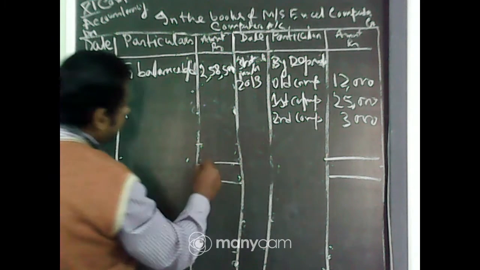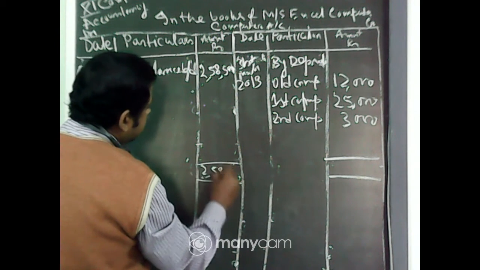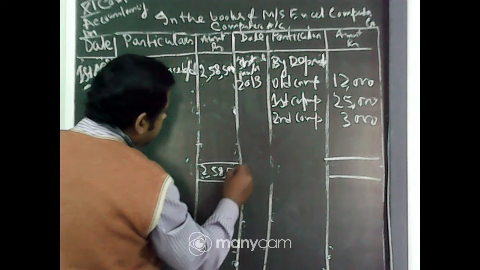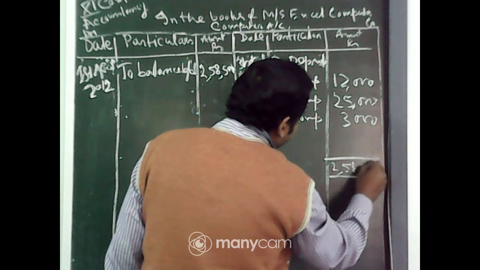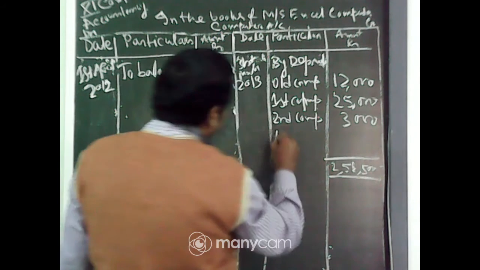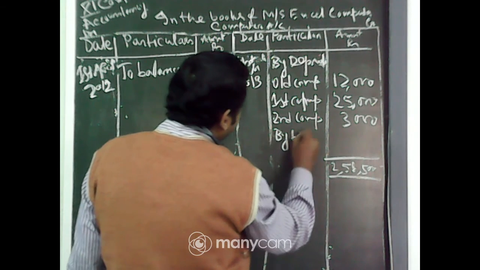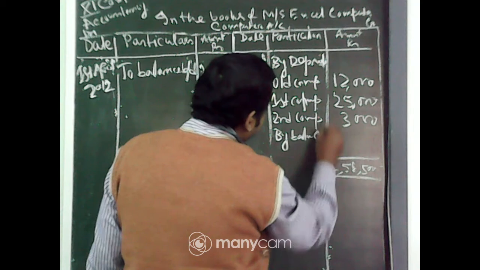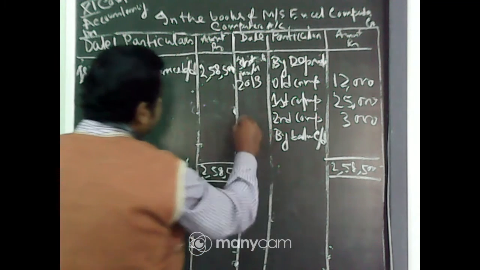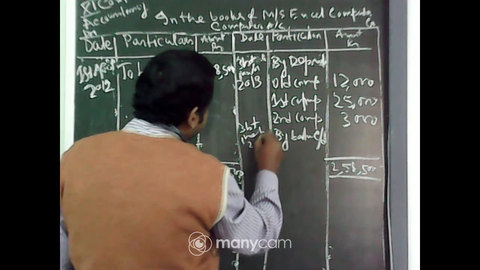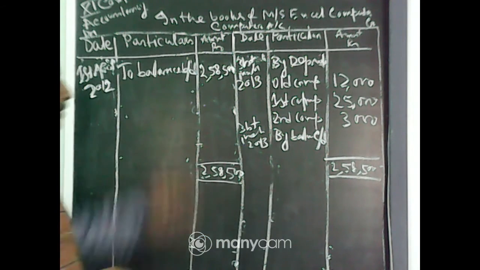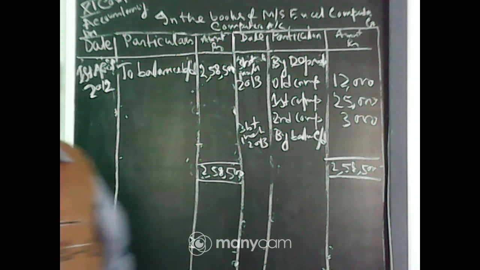So the debit side will be more, 2,58,500. You just write on both sides 2,58,500, and by balance c/d comes the less portion, and that date is 31st March 2013. Whole year depreciation will become, no transaction has happened.